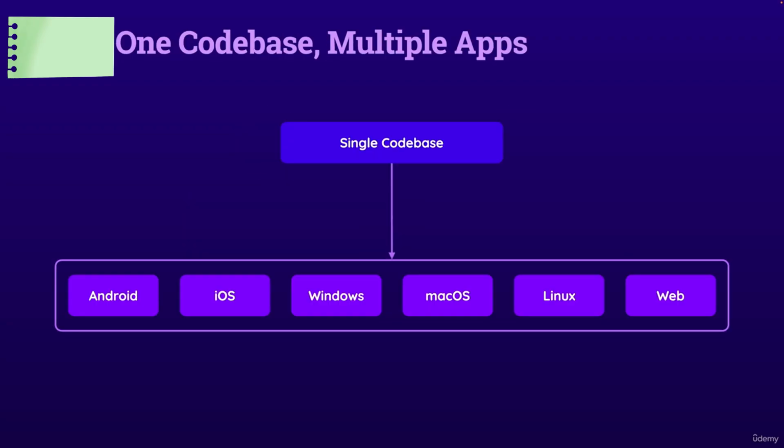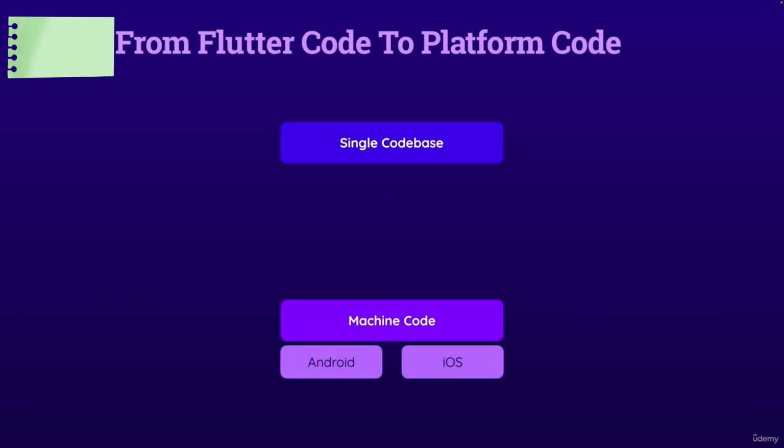Because that code that you write in this single code base does not out of the box work on these different platforms. Instead, it must be translated to machine code that does work on these different platforms. So, for example, some specific machine code that does work on Android or that does work on iOS. And that translation is also done by Flutter.